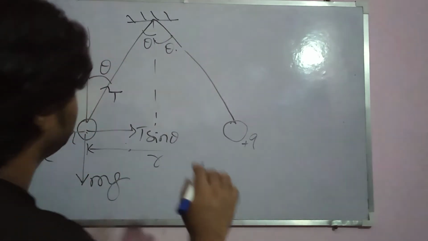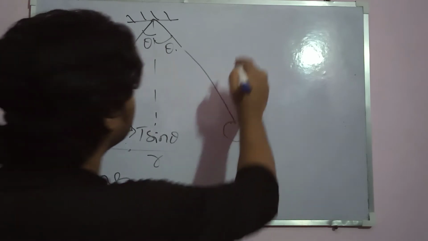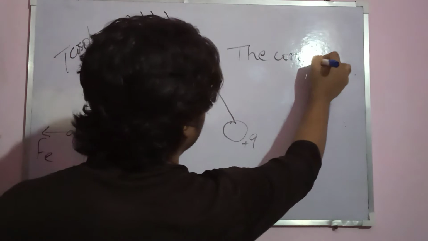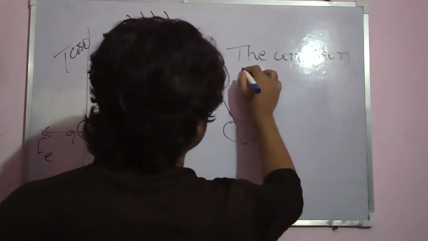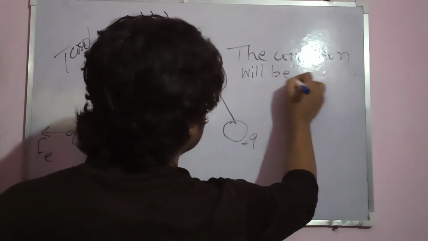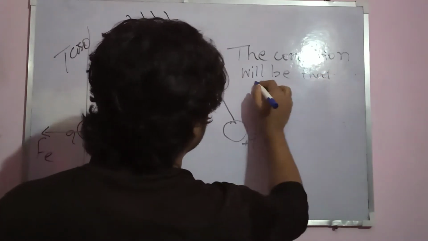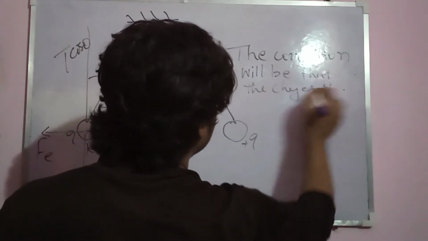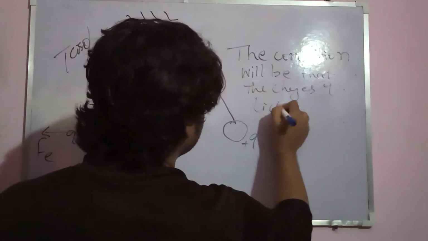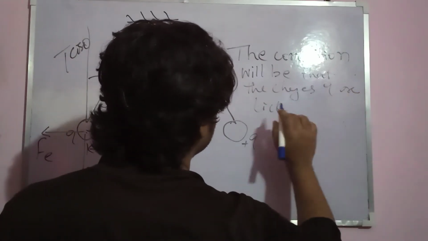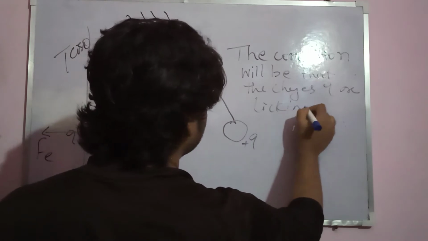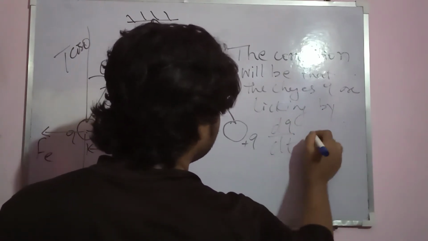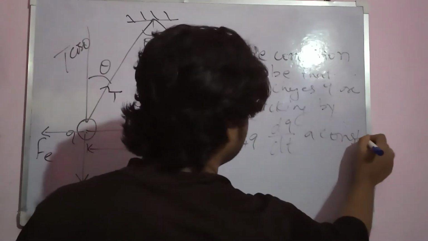So the condition is that the charges Q are leaking at a constant rate dq by dt.